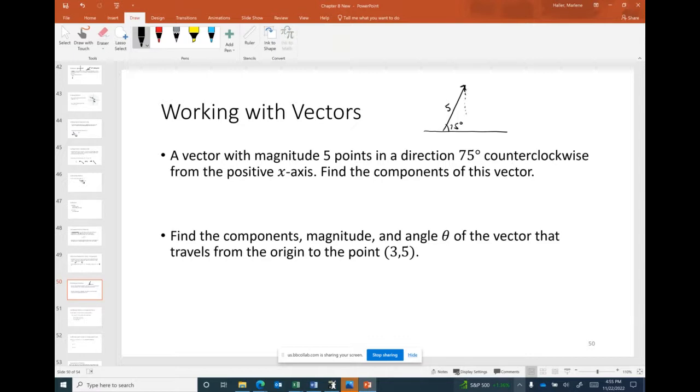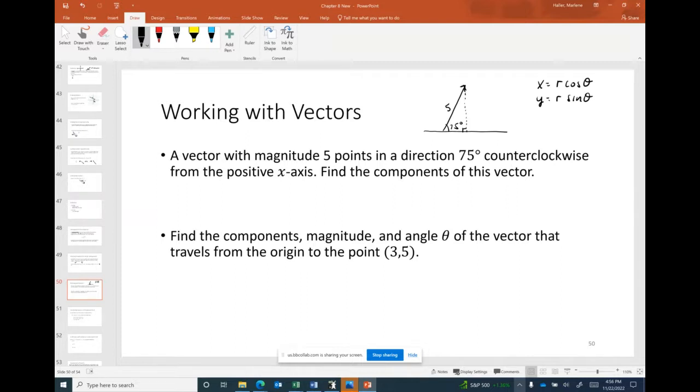If I drop a perpendicular and make a right triangle, there are a number of ways I could find the vertical and horizontal components. Probably the easiest thing is to use these polar definitions that we've been working with, that x is equal to r times the cosine of theta, and y is equal to r times the sine of theta.